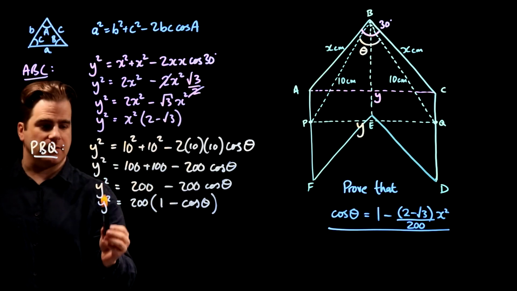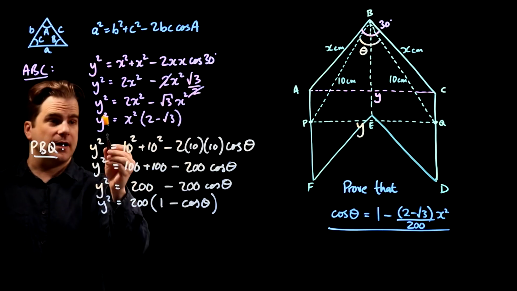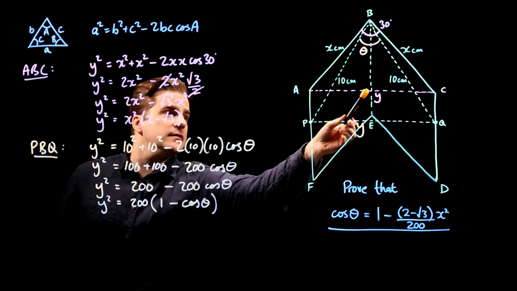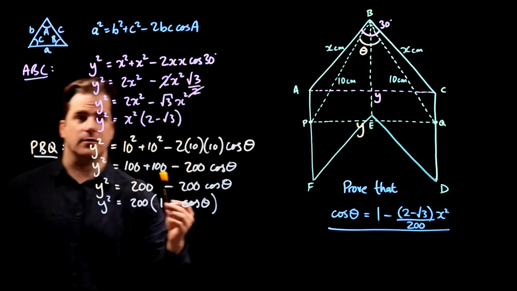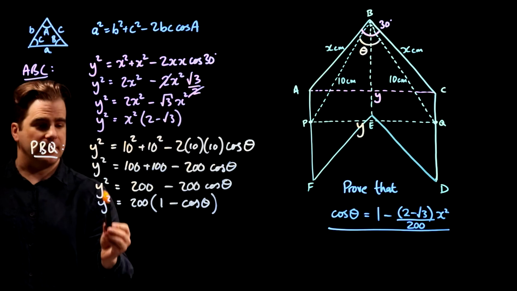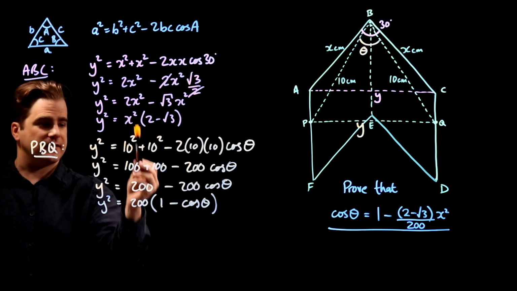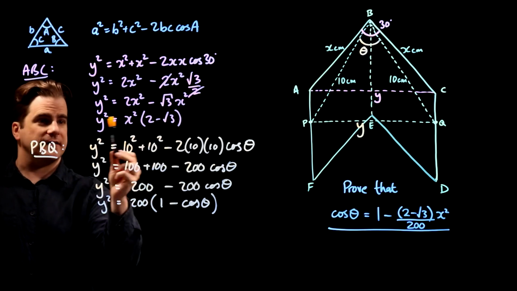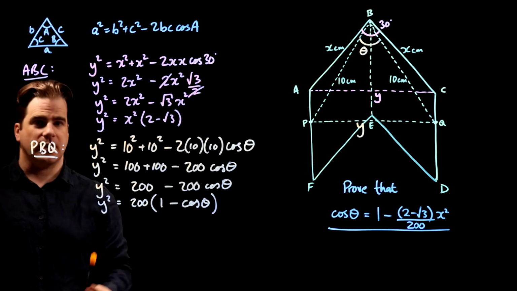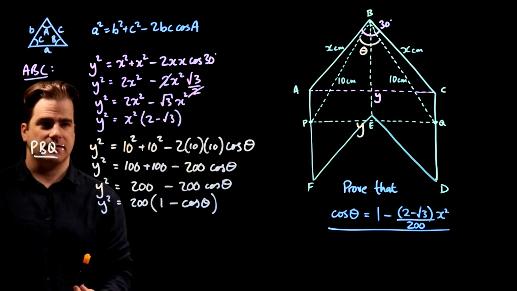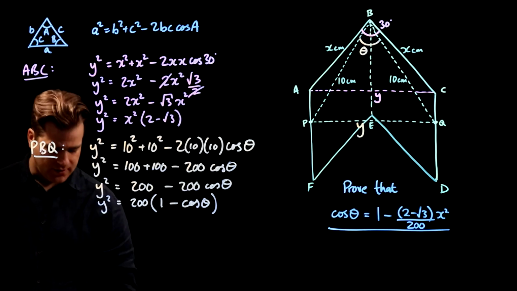But not y squared, we don't want a y squared. But this is where the fact that AC is the same length as PQ comes in handy. We can eliminate the y squared by setting that equal to that. See, that is equal to y squared, that is equal to y squared, therefore that equals that. So we've eliminated y squared.